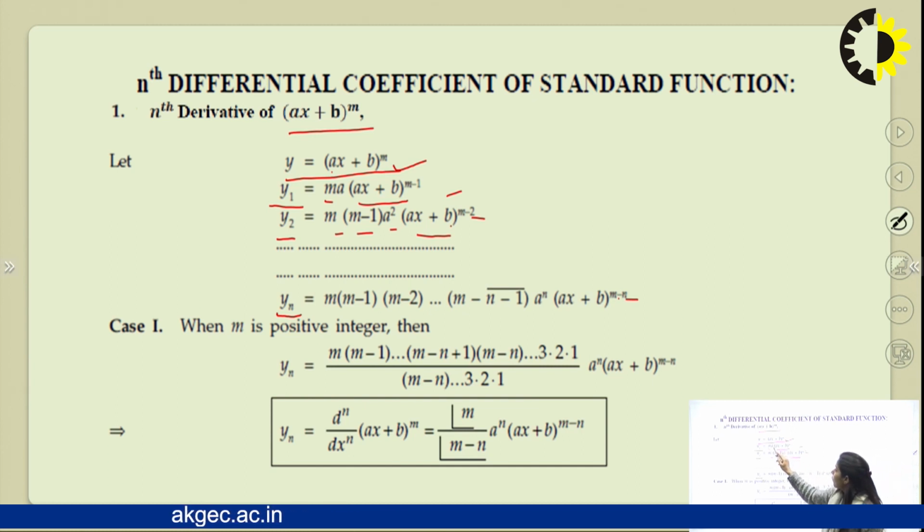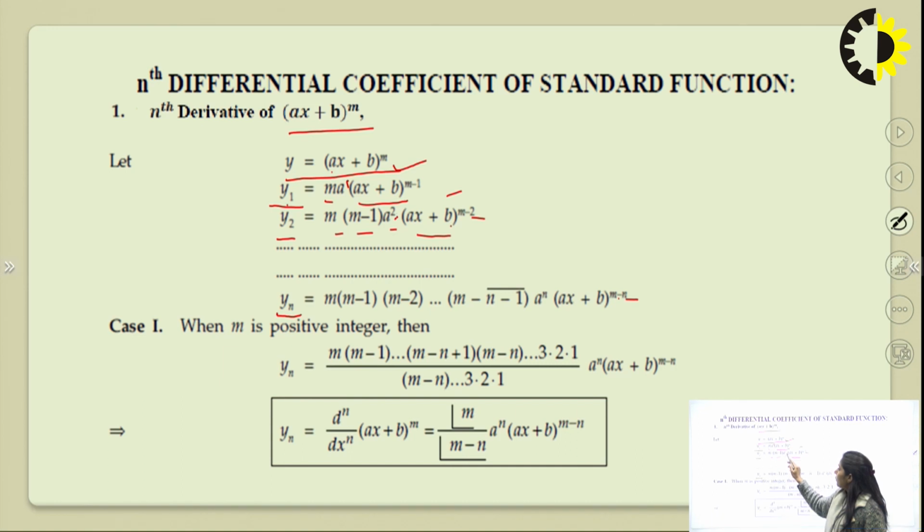Now for a, in y1 it is a power 1, in y2 a power 2, and so on. In yn it will be a power n. Now in y1 there is one term m, in y2 there are two terms m, m minus 1. So in yn there will be n terms: m, m minus 1, m minus 2, up to m minus n plus 1. So now some cases arise.